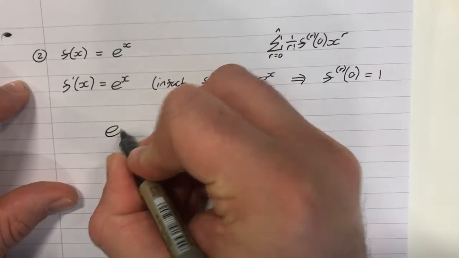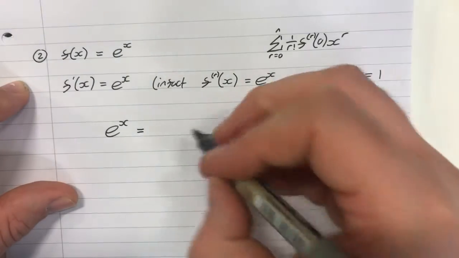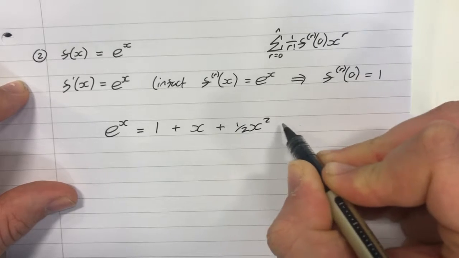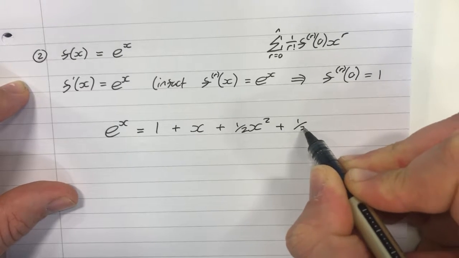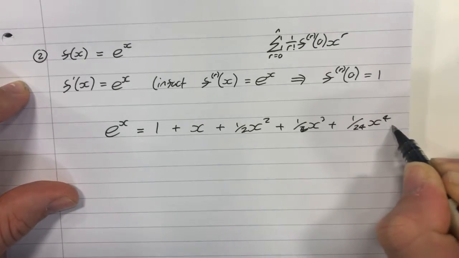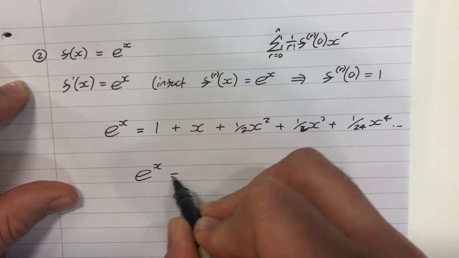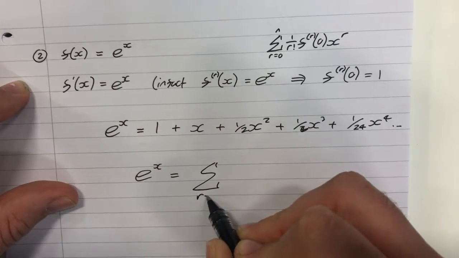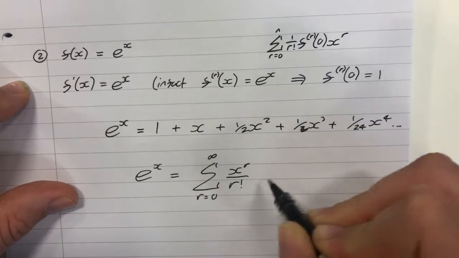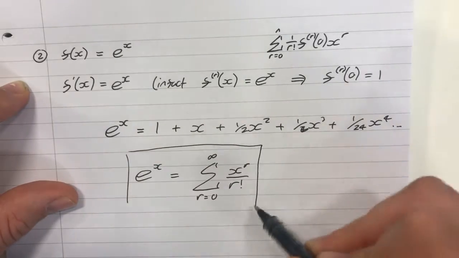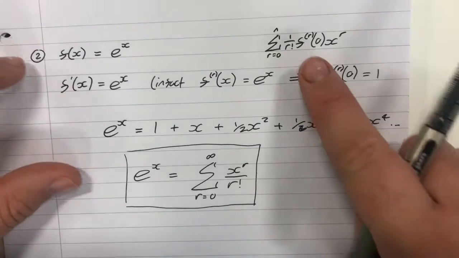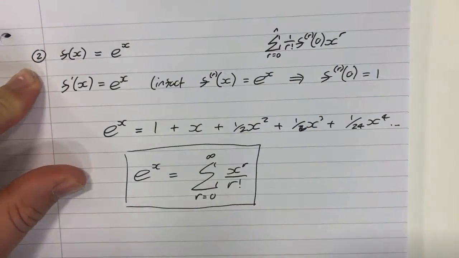So e to the x becomes very simple, and is going to be 1 plus x plus a half x squared plus a sixth x cubed plus 1 over 24 x to the 4 and so on. And e to the x is equal to, as a power series, the sum from r equals 0 to infinity of x to the r over r factorial. And that is the power series for e to the x, because all its derivatives are 1, so it's very straightforward.